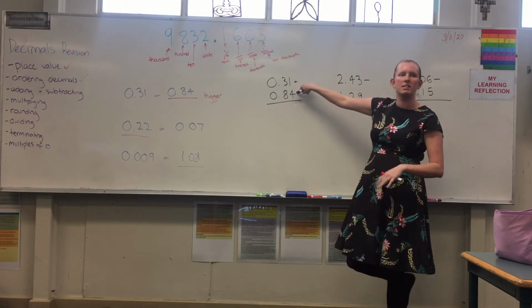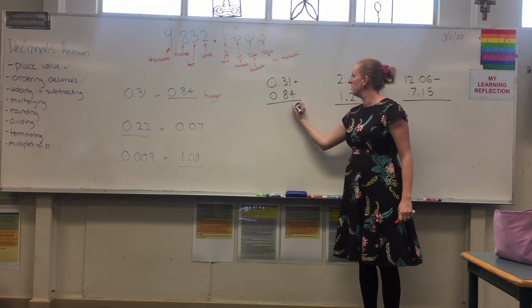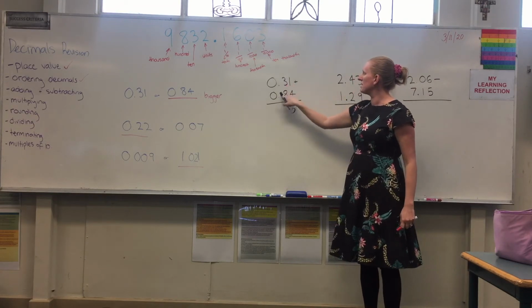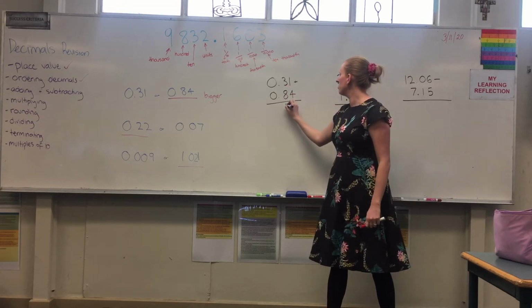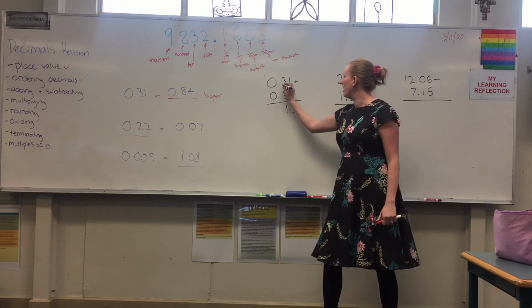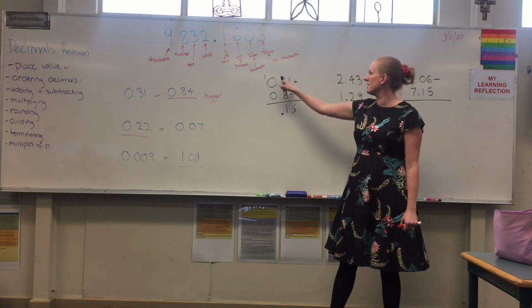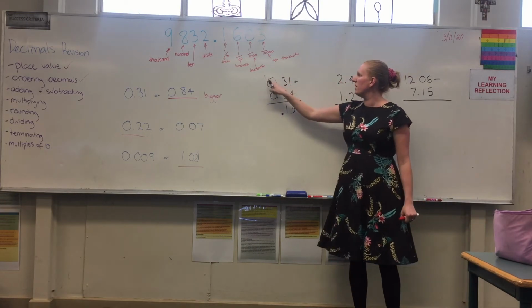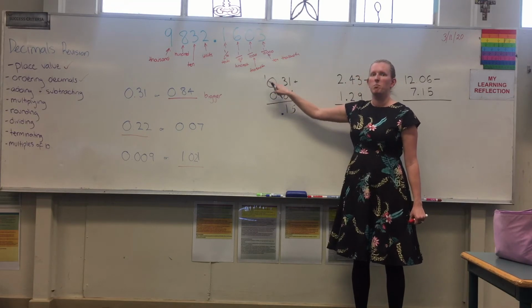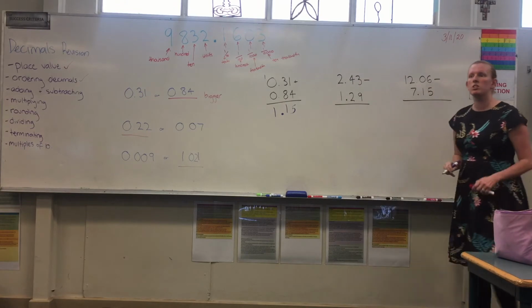If you get a number bigger than 10, you carry it over. So 1 plus 4 is? 5. 3 plus 8 is? 11. So I'm going to put the 1 and carry my next one. Great. And now I've got a decimal place, so I'm going to carry that down in the exact same spot. So now I've got 0 plus 0 plus 1 gives me 1. Great. Any question about that?